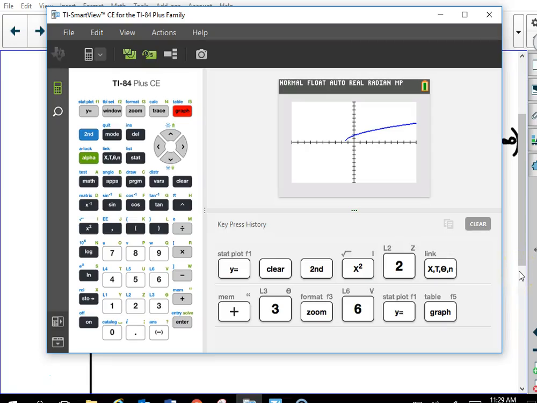And notice that it is just a left-right translation, okay? So this goes left-right, and I've got a point in here somewhere around negative 1/2, yeah, so negative 3 halves, right?